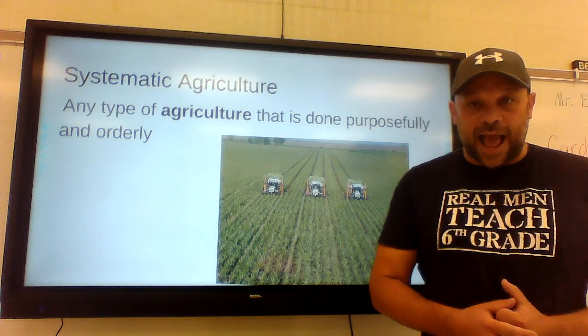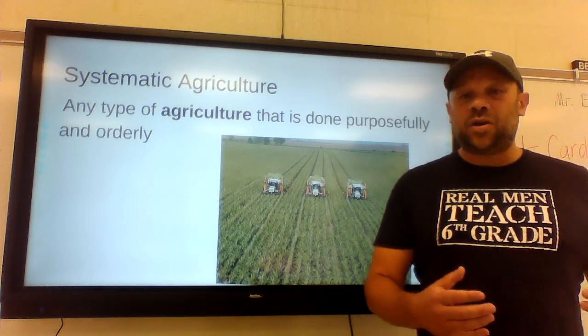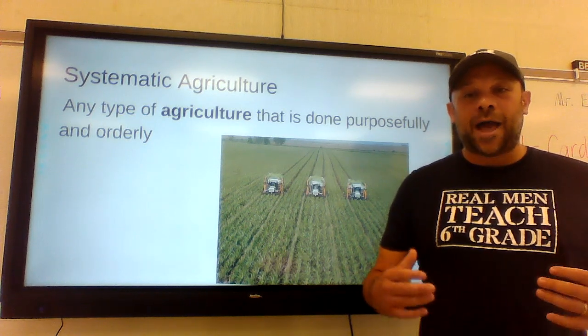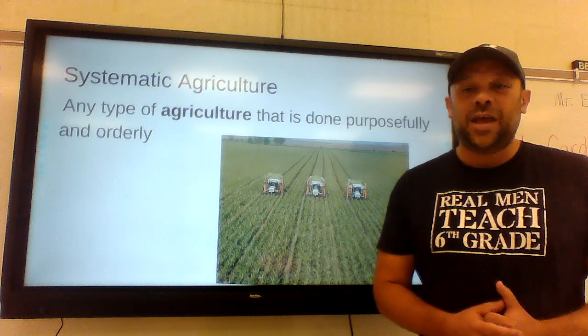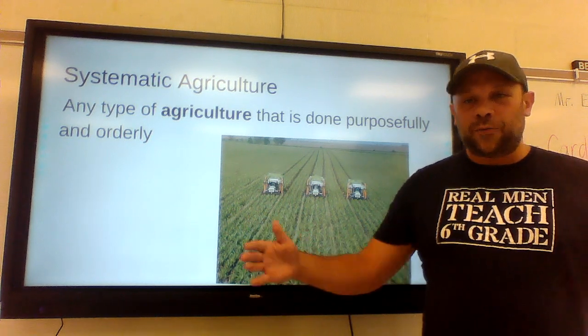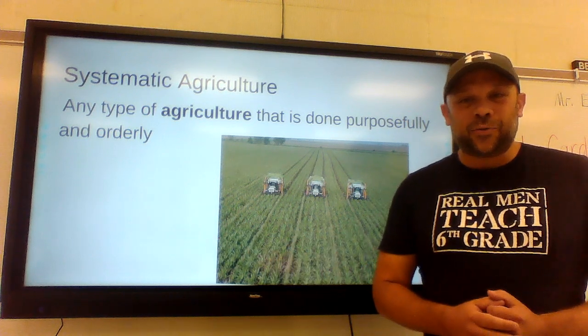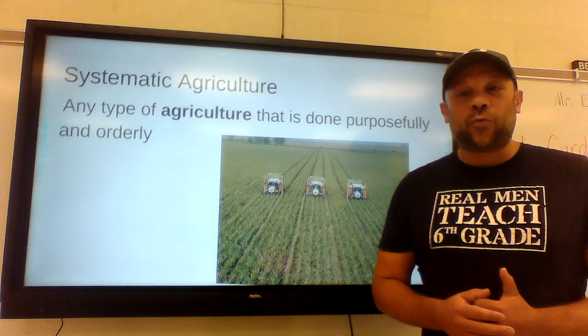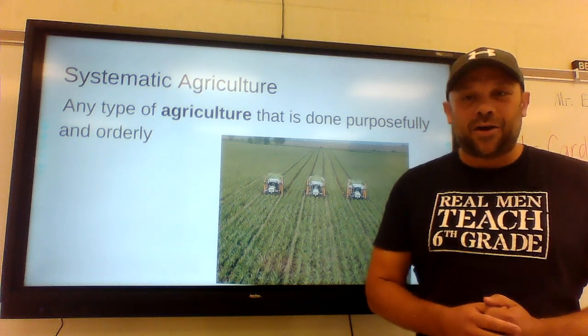That is systemic agriculture. It's something that started a very long time ago, and we still see it today when you drive by a cornfield or a soybean field or cotton field, and you see all of these beautiful rows of plants that are growing because those farmers have planted them in a precise way, and they are growing them intentionally so that they can harvest the crop.